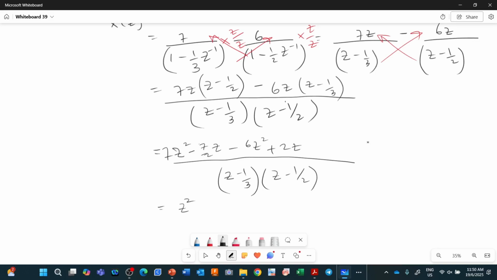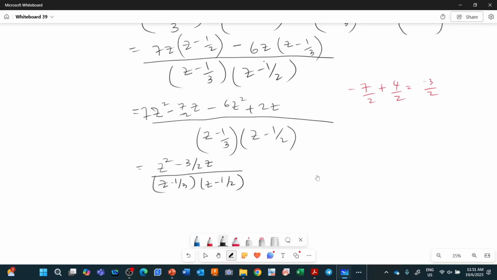How do you do that? Calculate on the side: minus 7 over 2 plus 2 over 2 times 2, so 4 over 2. So you get minus 3 over 2. No calculator needed. So you get minus 3 over 2 z, over z minus 1 over 3 times z minus 1 over 2.